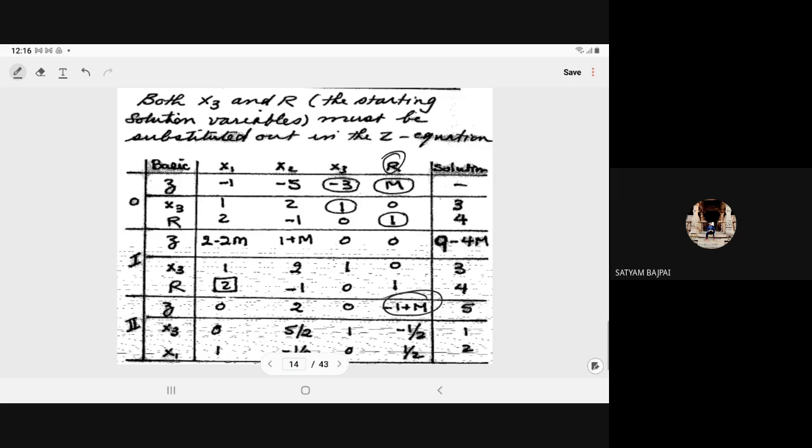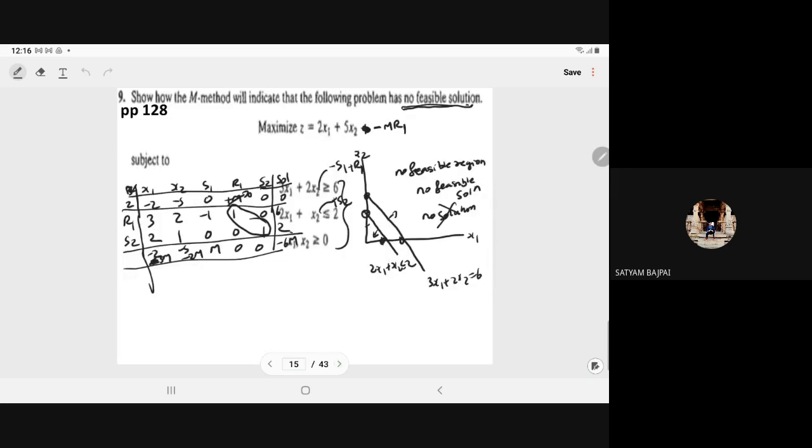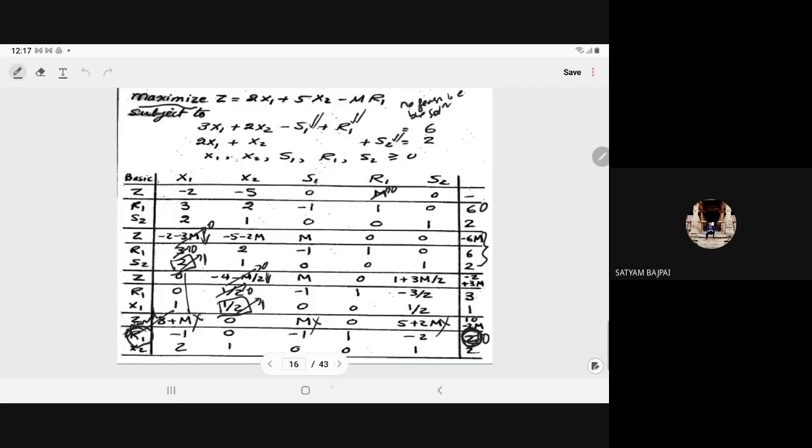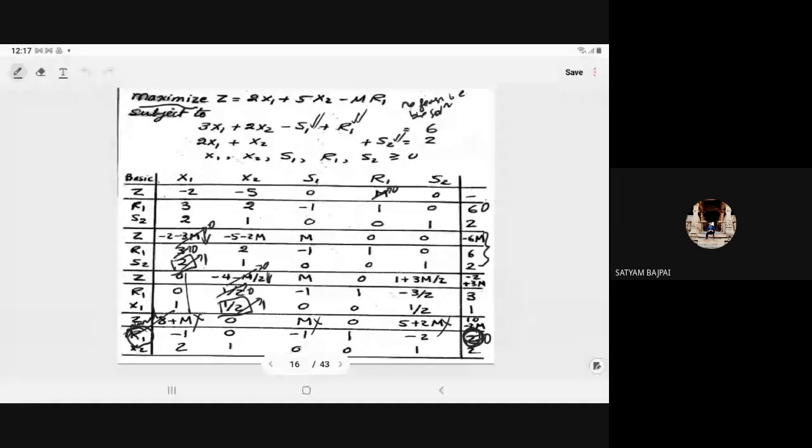Yes, sir. Now, can you judge? Can you comment when I am saying that M is very, very large? So, what is the large thing here? When I claim that M is very, very large, and you have to do the numerical example, you have to make the program in MATLAB, in C, in Python, then what value will you assign to M?